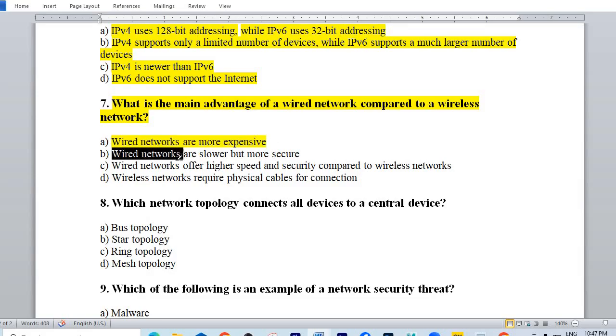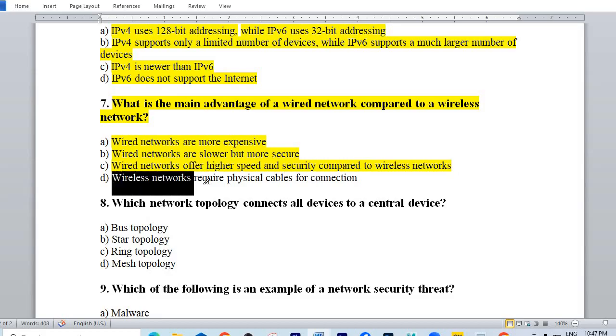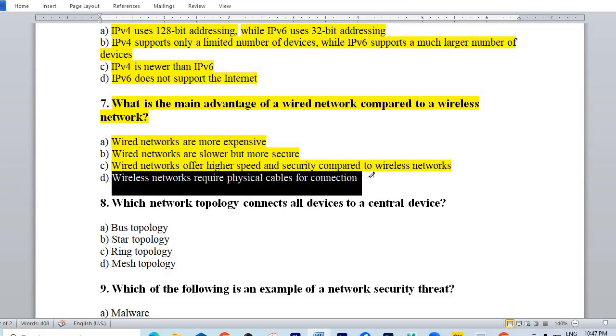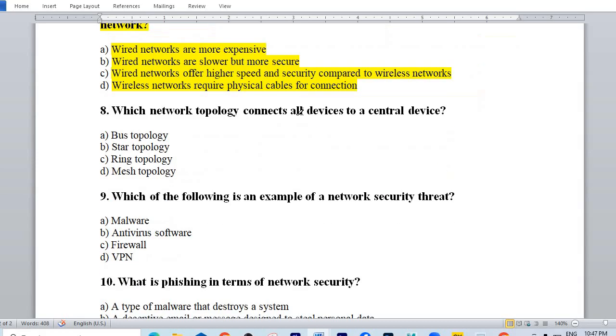B. Wired networks are slower but more secure. C. Wired networks offer higher speed and security compared to wireless networks. D. Wireless networks require physical cable for connection.